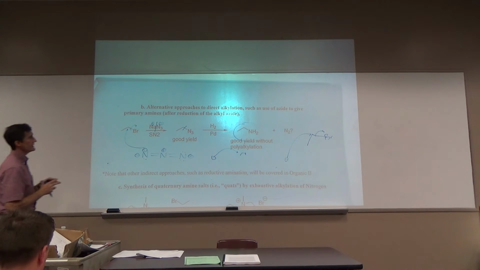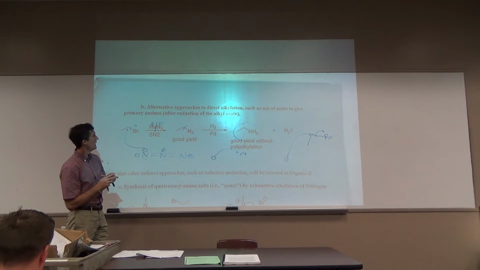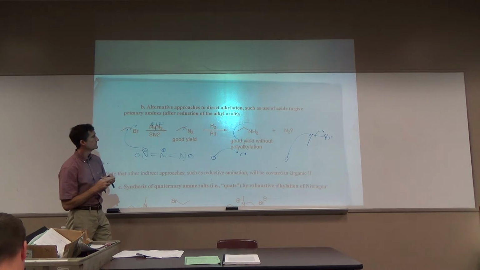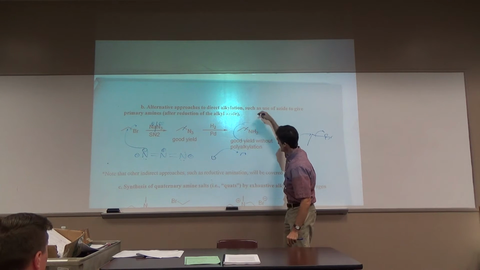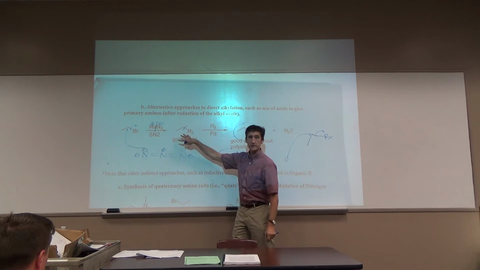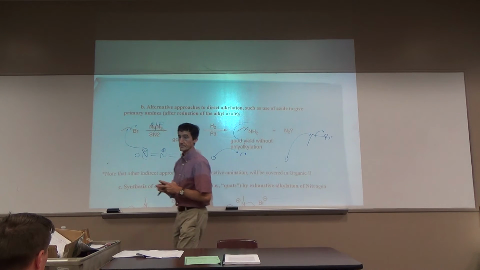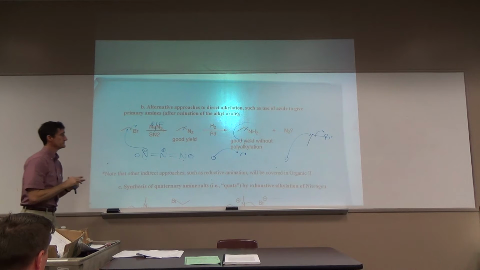So this is an indirect method. We didn't make this by directly having ammonia making the bond. We had sort of a surrogate making the bond: azide.